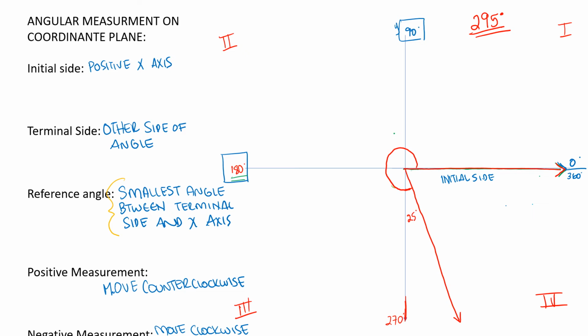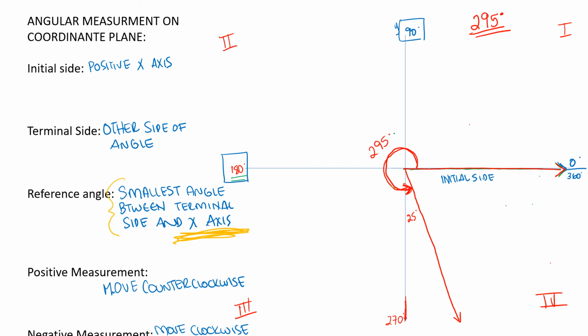Okay, so there is my 295-degree angle. And some of you guys might be starting to see why I call this circular measurement, because I kind of make circles here around the axis. So now let's talk about what our reference angle is. The reference angle is the smallest angle between the terminal side and the x-axis.